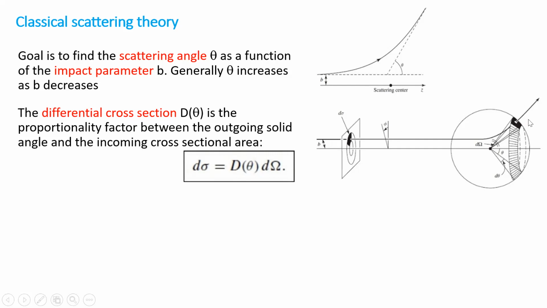Here is an outgoing solid angle. In terms of variables, a solid angle is sine theta d theta d phi. So it's the volume element in spherical coordinates without the r squared. Basically, it's a two-dimensional patch of angle.